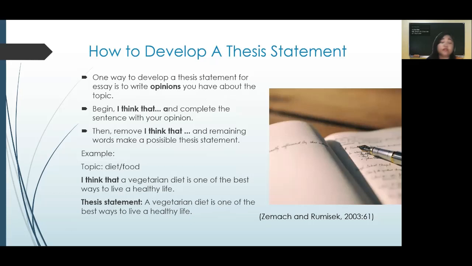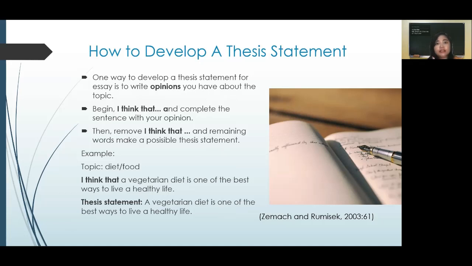Now let's go to how to develop a thesis statement. This is maybe one way to develop a thesis statement. First, you need to write your opinion about the topic, and this is the way.